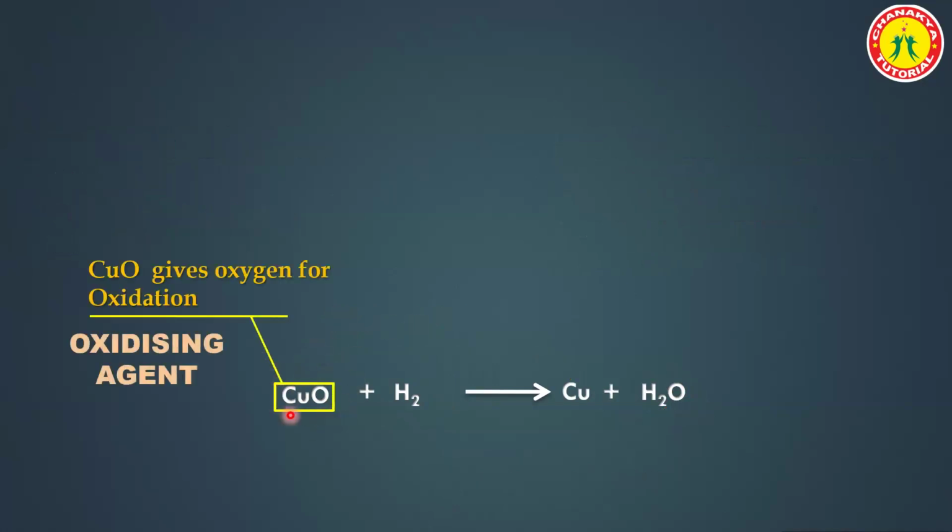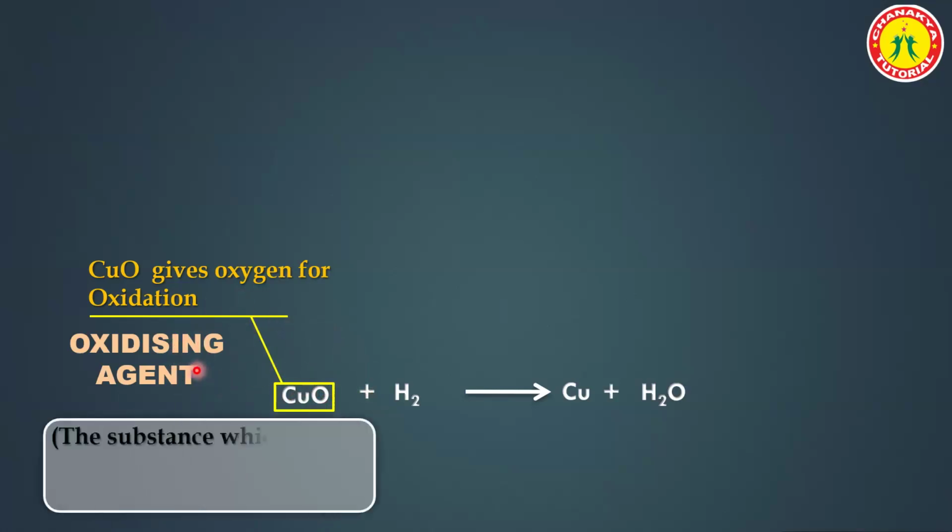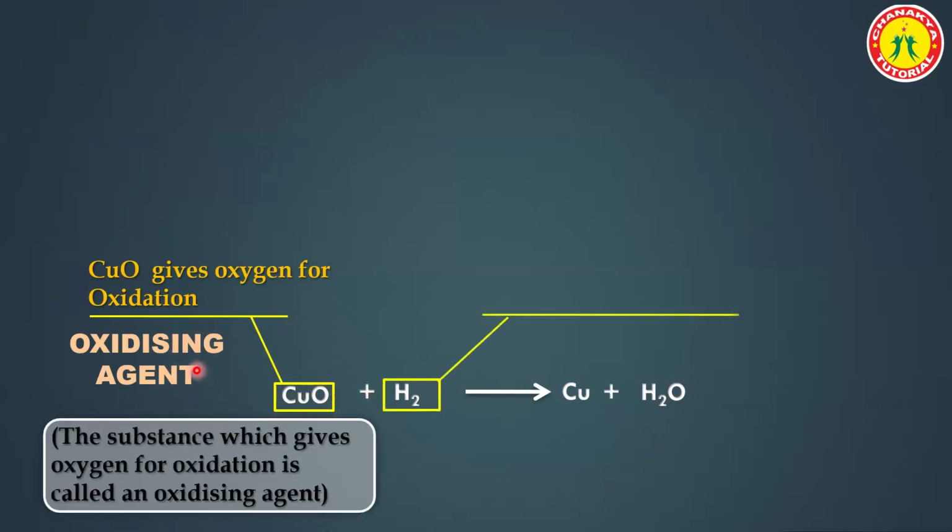If we see, copper oxide is the one that gave its oxygen, that is, it is providing oxygen, hence it is called oxidizing agent. So the substance which gives oxygen for oxidation is known as oxidizing agent. Here the example was copper oxide.